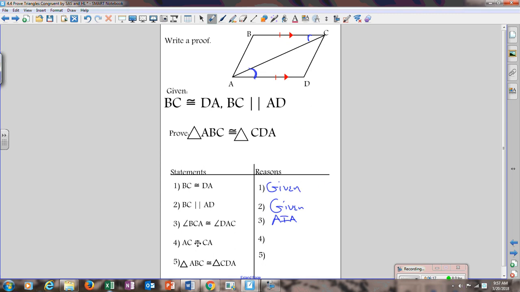Then AC is congruent to CA. So this line is congruent to this line. Now, how do we know that this one line is congruent to itself? That would be the reflexive property.